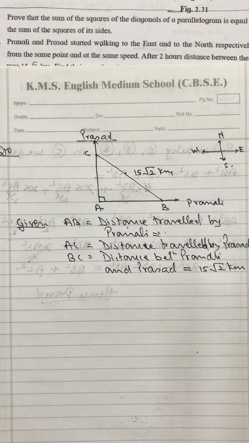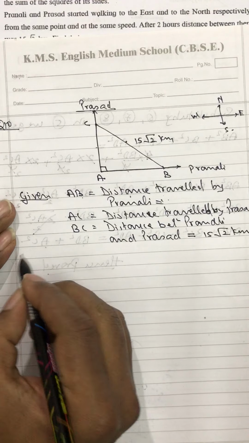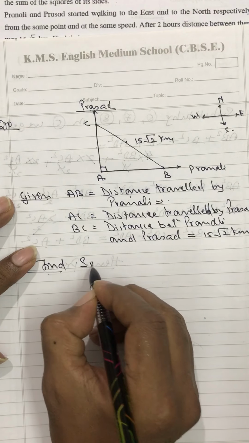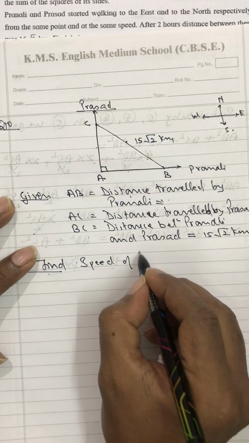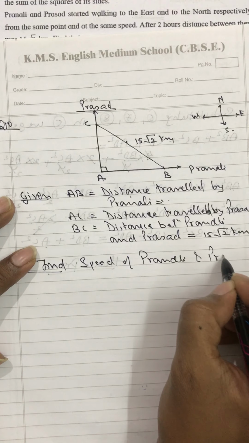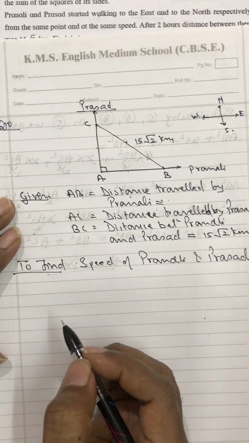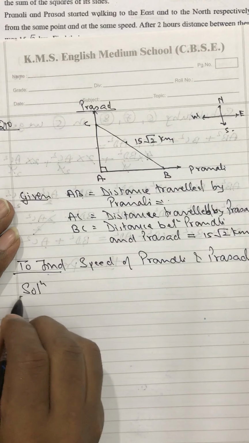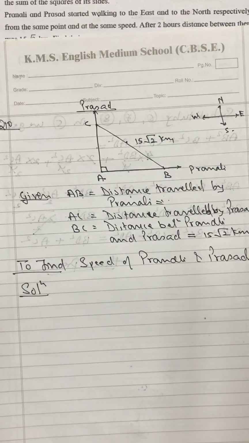Fine, that is all. So now here we have to find the speed of Pranali and Prasad. So first of all, as I told you, we have to prove that triangle ACB is a 45, 45, 90 degree triangle.